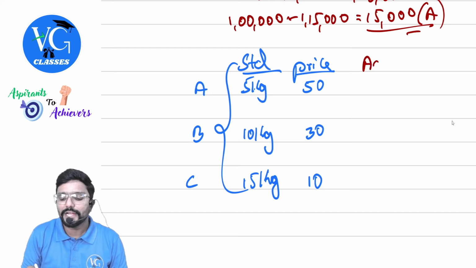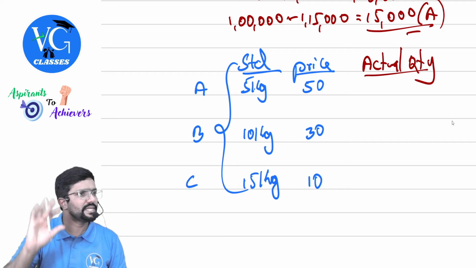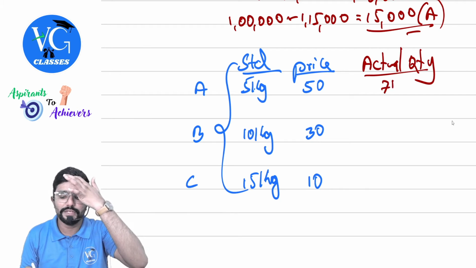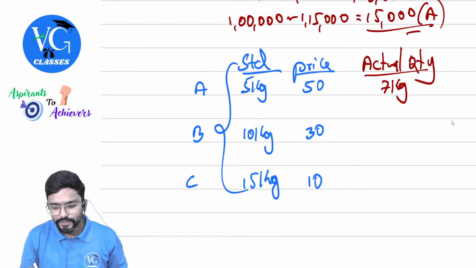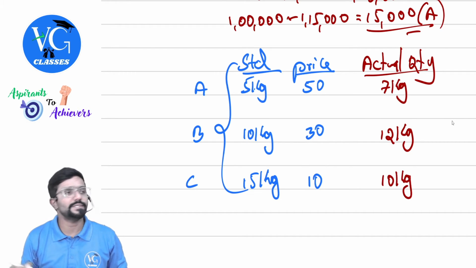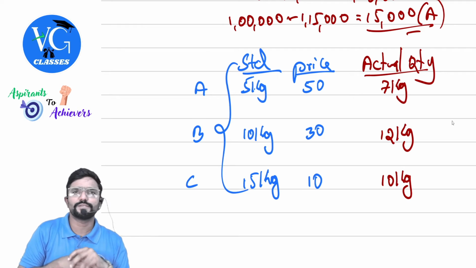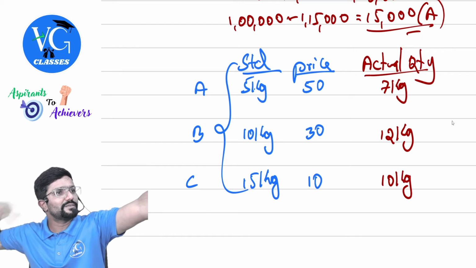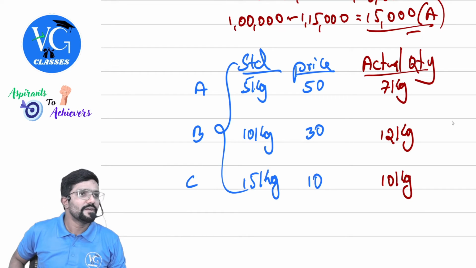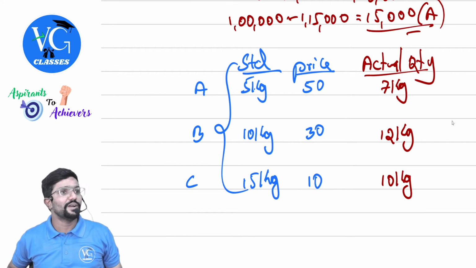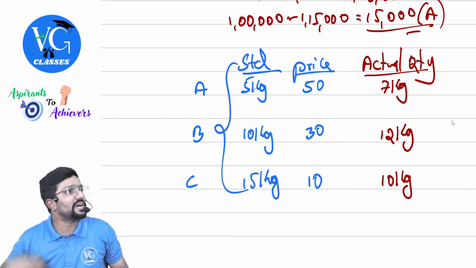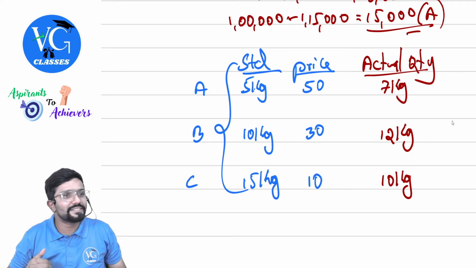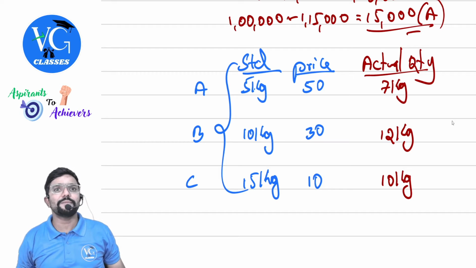Assume the actual quantity for each unit of output: I have used 7 kg of A, 12 kg of B, and 10 kg of C. Is there a change in the mix? Yes. What was told and what I have done is a bit different. Will it affect my cost? Obviously. I will use A and B more, where the cost is high, and C less, where it is cheap. So will it impact my cost?